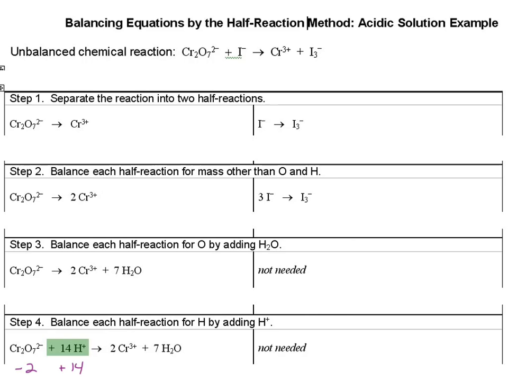By my account, that is a +12. That's what we have on the reactant side. Over here on the product side, it's 2 times +3 or +6, and nothing for the water. So I have a +6 over here.